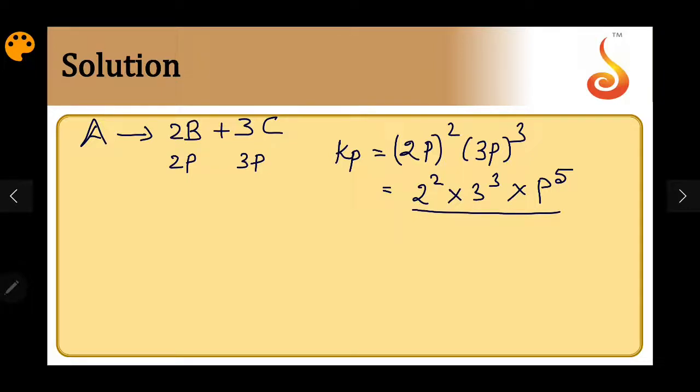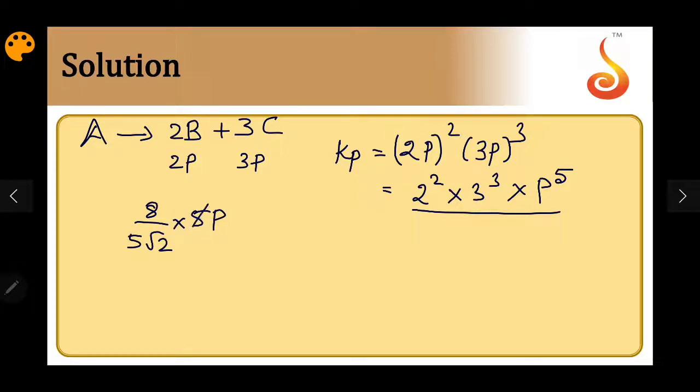Now what is given? You are adding some amount of B, so that the new equilibrium pressure of B is 8 by 5 root 2 times the total initial equilibrium pressure. So the initial equilibrium pressure is 2P plus 3P, which is equal to 5P. So the partial pressure of B at the new equilibrium is 8 by 5 root 2 into 5P.